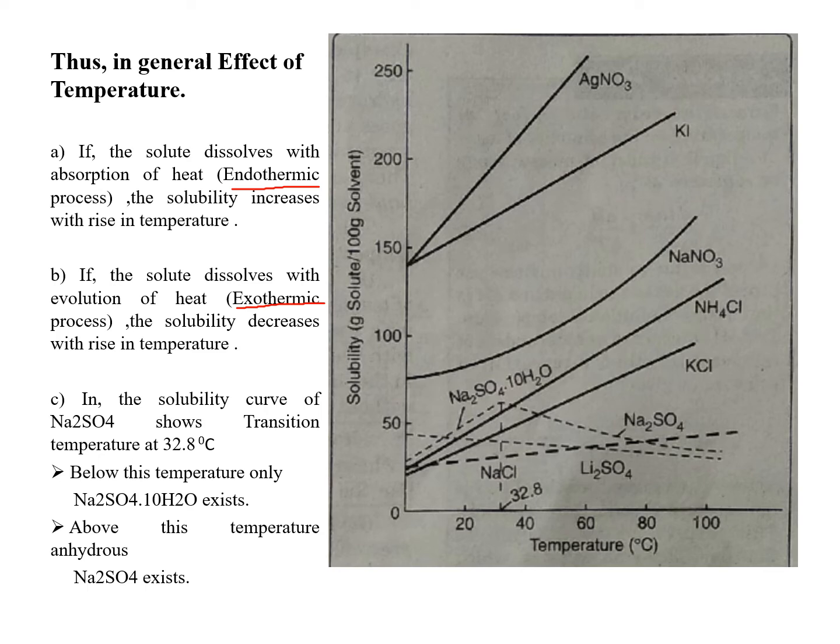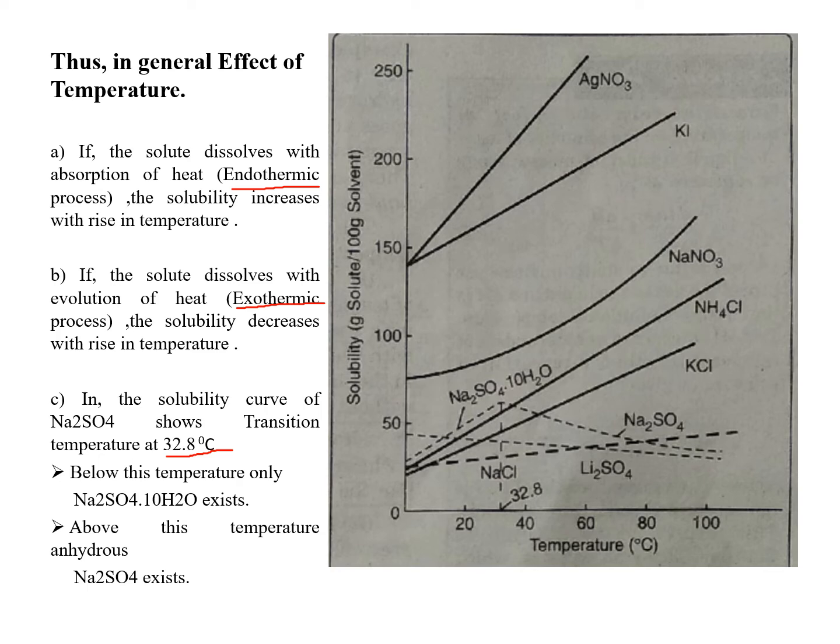Initially, on increasing the temperature, the solubility curve of sodium sulfate increases. But at a certain temperature, which is 32.8 degrees Celsius, there is a point where the break of the curve starts. That point from where the break of the curve starts is called the transition temperature.